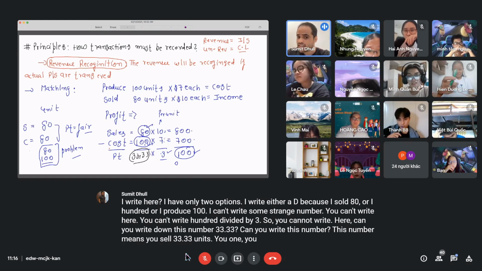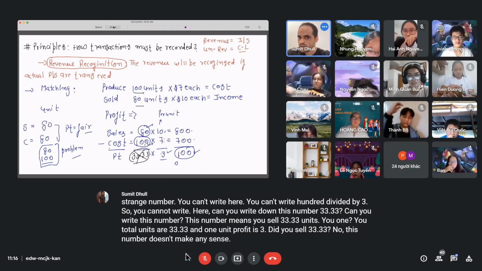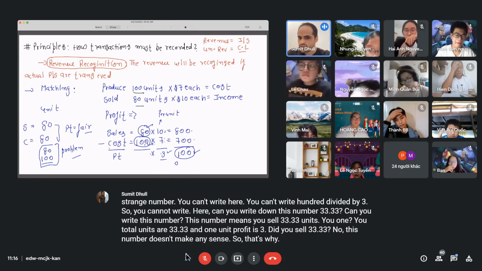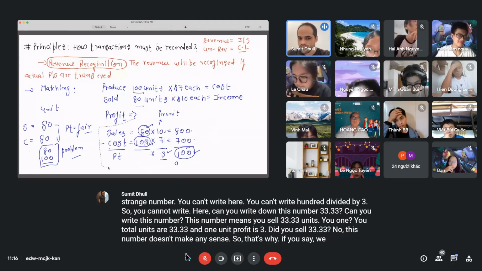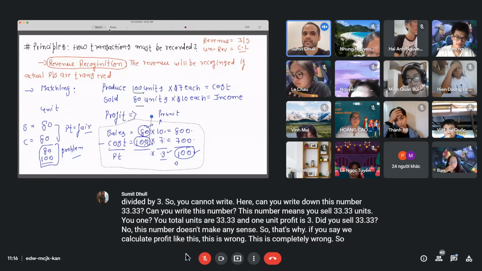Total units are 33.33 and 1 unit profit is 3. Did you sell 33.33? No, this number doesn't make any sense. So that's why if you calculate profit like this, this is wrong. This is completely wrong.